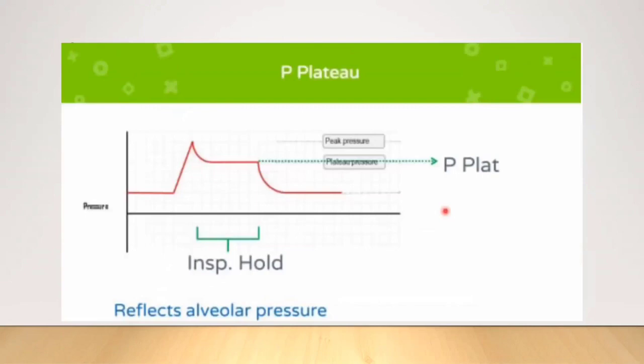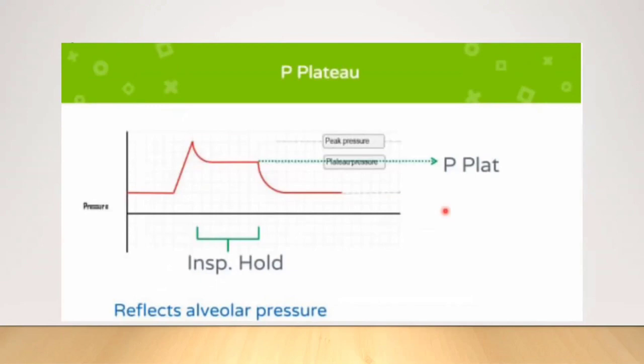Next is P plateau. P plateau also was discussed yesterday. So what is P plateau? P plateau means mean alveolar pressure. What is our MAP? Mean airway pressure.